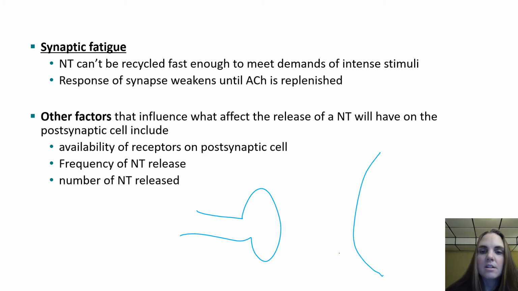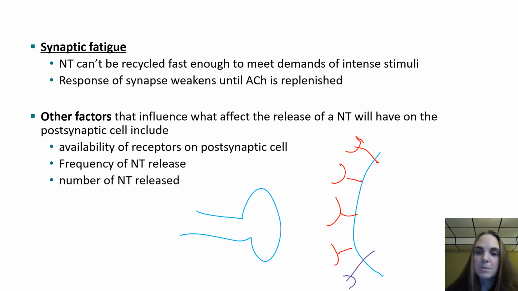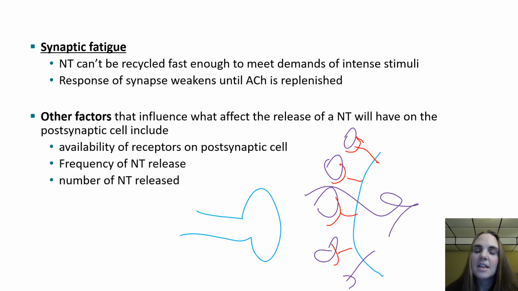If we've got lots of receptors for our ligand on that postsynaptic cell, it's going to be a different response than if we only had, say, one receptor for that specific ligand on the postsynaptic cell. Because if we have lots of gates that are opening, that's going to cause a greater depolarization as that sodium flows in than if we just had one gate opening.